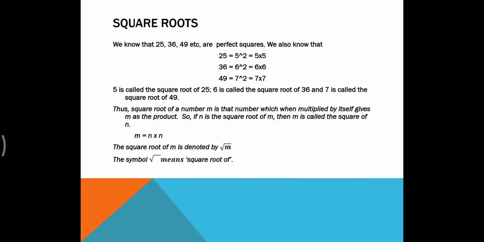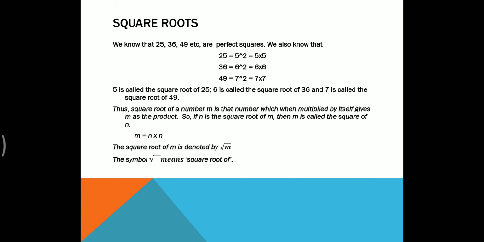So we can also know that from this, if we take an example like this, 25 is 5 square, it is 5 into 5. 36 is equivalent to 6 square, which is 6 into 6. 49 is equivalent to 7 square, which is 7 into 7.